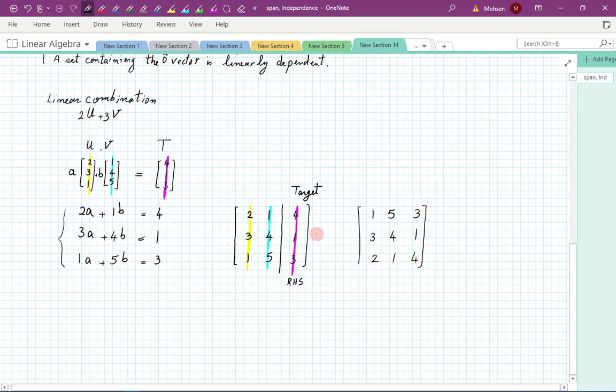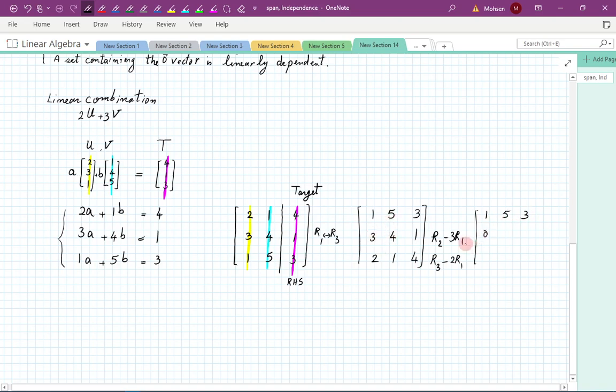So from here to here we exchange 1 and 3. Then I do R2 minus 3 R1, and then R3 minus 2 R1. We are aiming to remove these elements. So I have 1, 5, 3, and then subtracting 3 times that.